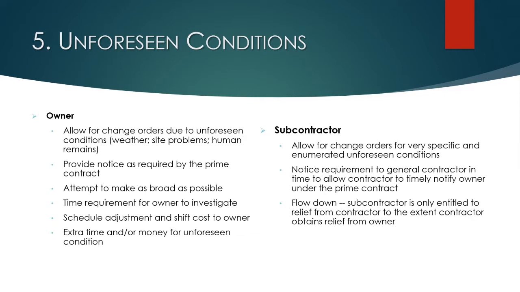There also needs to be some period of time for the owner to investigate the claim, and depending on the nature of the unforeseen condition, there's probably going to need to be some schedule adjustment and cost shifting to the owner, which will result in potentially additional time and money to the general contractor for that.